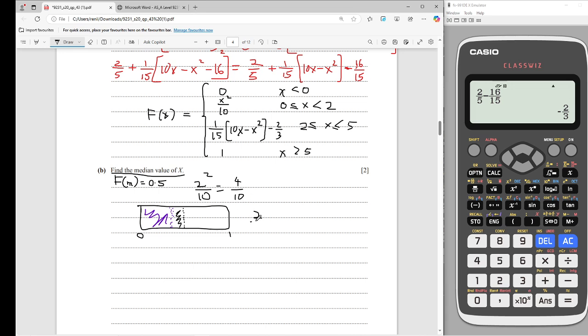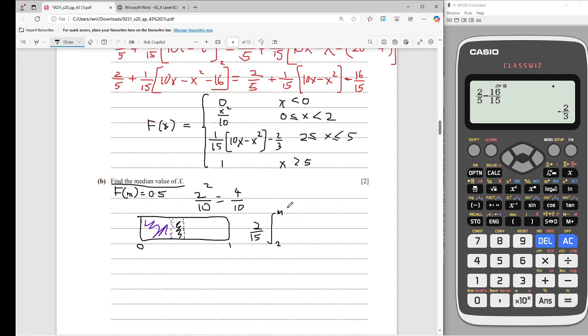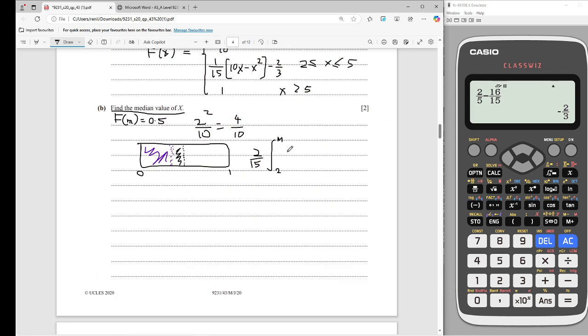The first equation was 2 by 15 with integration limits m to 2, and this is for the equation 5 minus x. Notice how we don't need a dummy variable again, because this time we are doing it with respect to m, the upper limit, and we differentiate with respect to this.